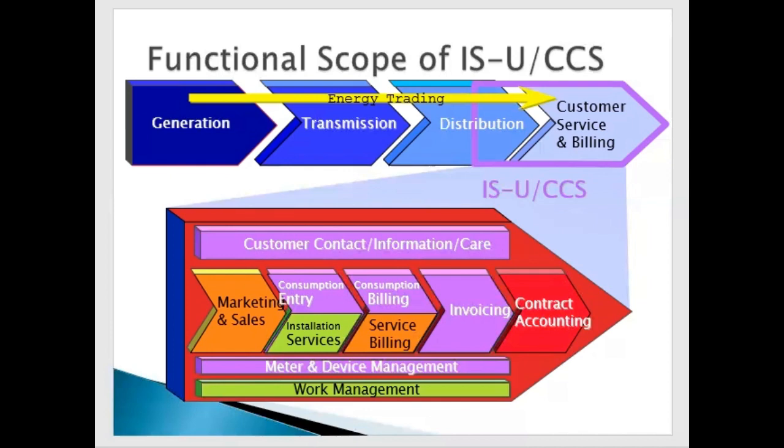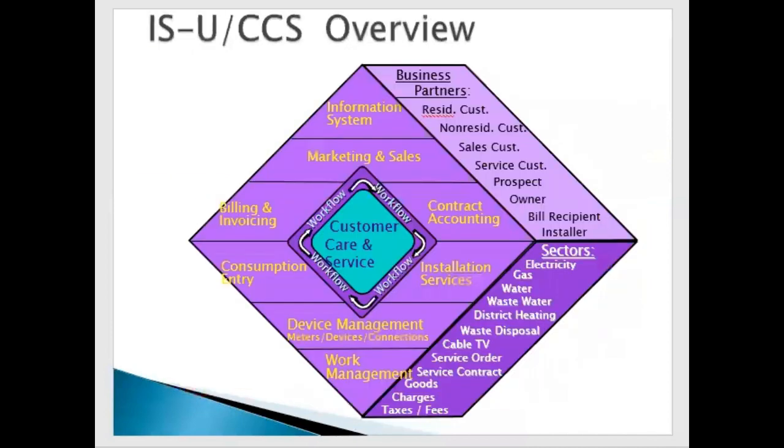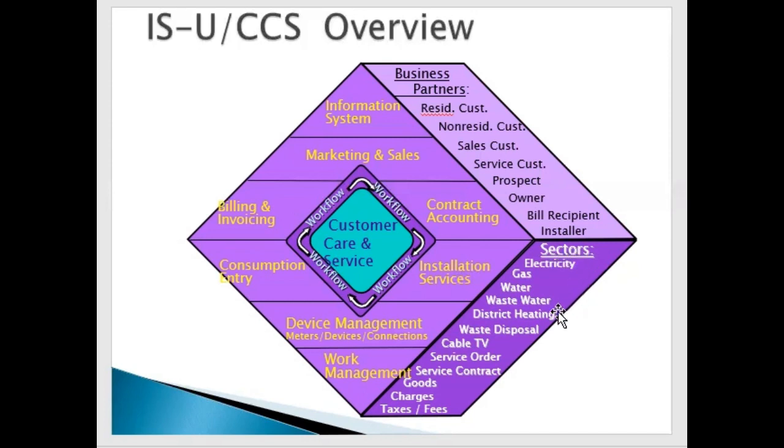Now, if we move further and we can see all those modules and all these utilities, how they are integrated, you can see these utilities are called the sectors. So these sectors are there, and all these modules are integrated through different kinds of customers.